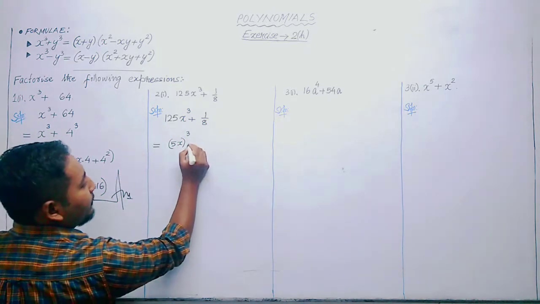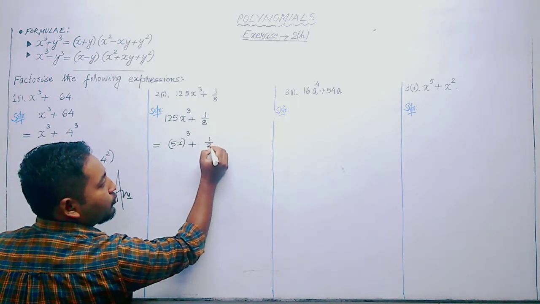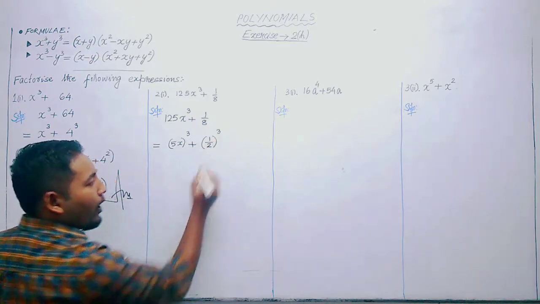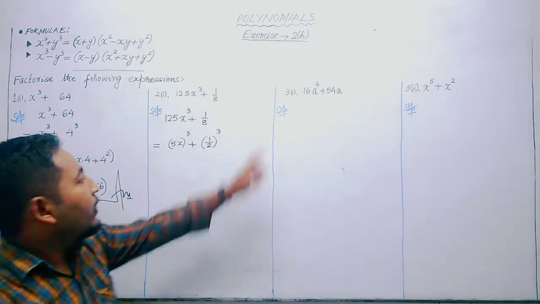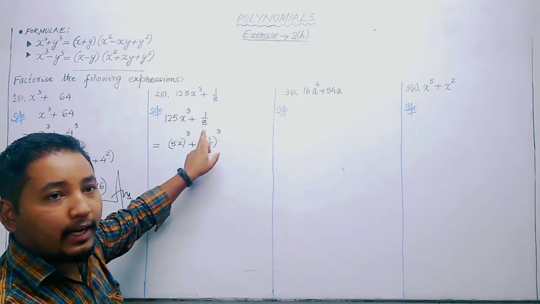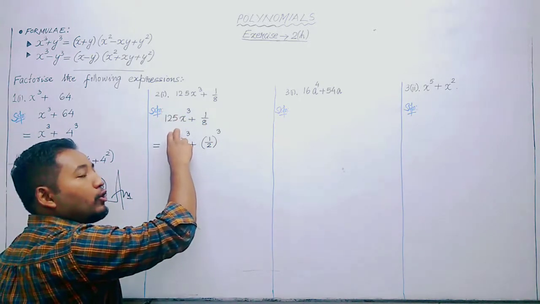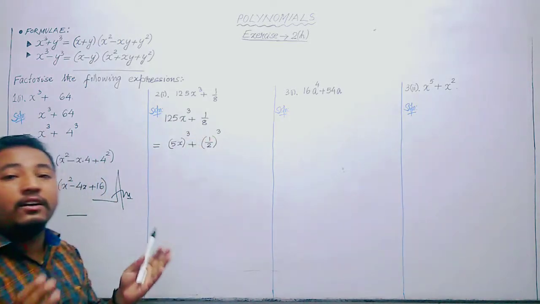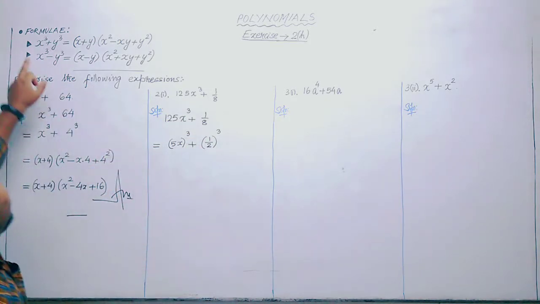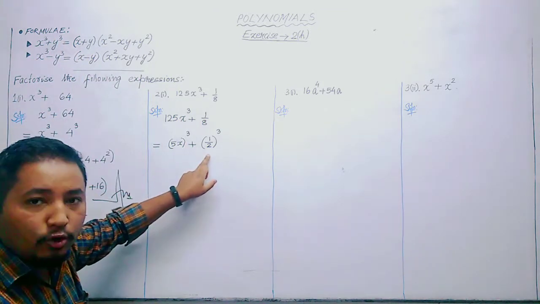Similarly, for 1 by 8, I can write 1 by 2 whole thing cubed. Why have I written 1 by 2 whole cubed? 1 cube is 1 and 2 cube is 8. What is the purpose of converting this into the form of a cube? To make it a standard form of the formula. See, x cube plus y cube. Is it not x cube plus y cube? Yes.